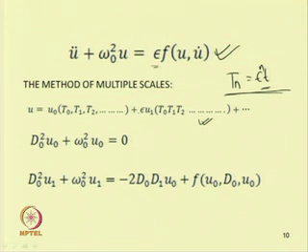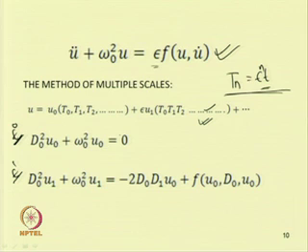So, by taking u equal to u0, which is a function of T0, T1, T2, plus epsilon u1, which is also a function of T0, T1, T2, and substituting this in the original equation, that is u double dot plus omega 0 square u equal to epsilon f of u dot, and separating the orders of epsilon, this is for the order of epsilon to the power 0 and this is the order of epsilon to the power 1.